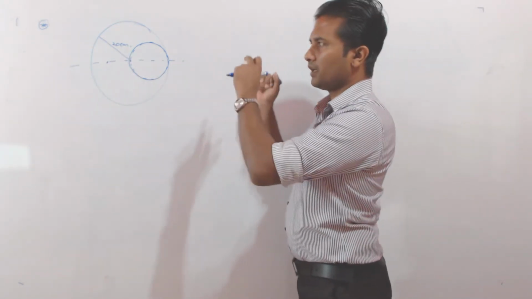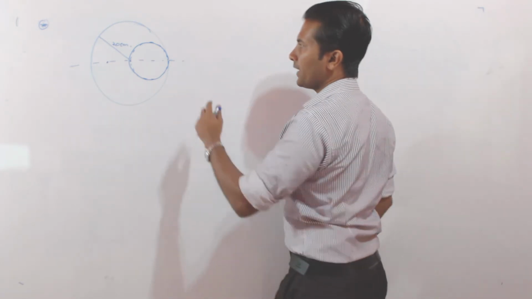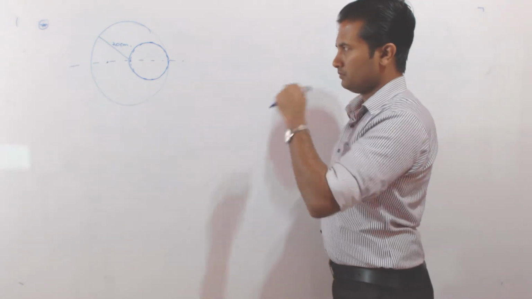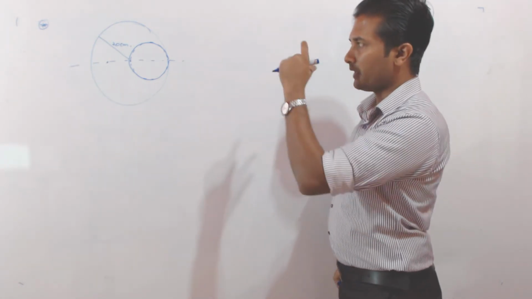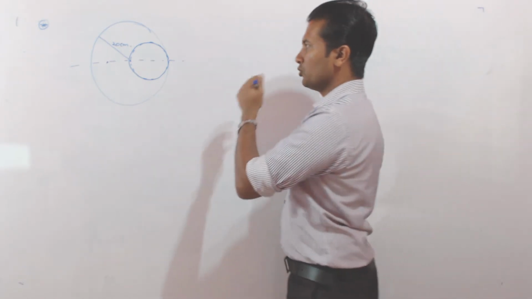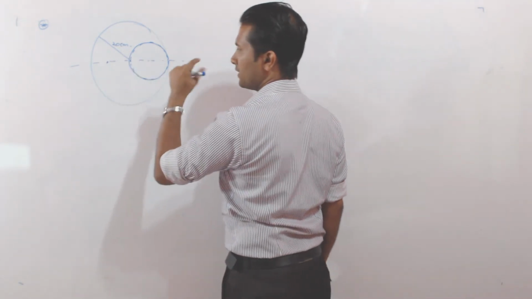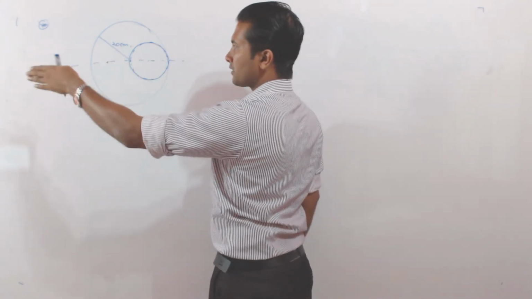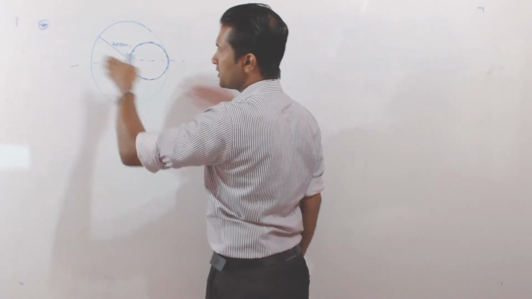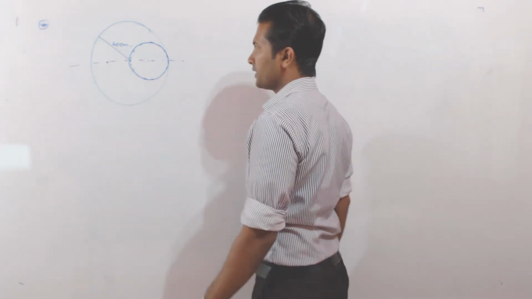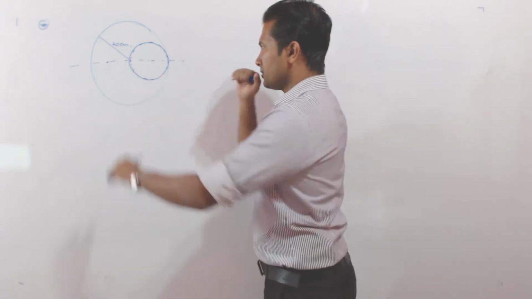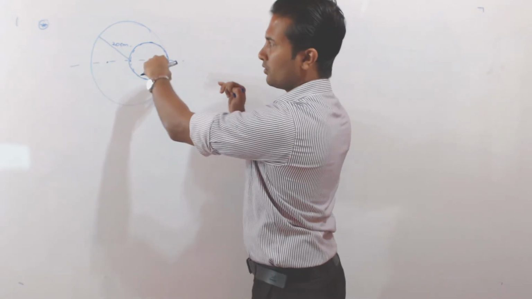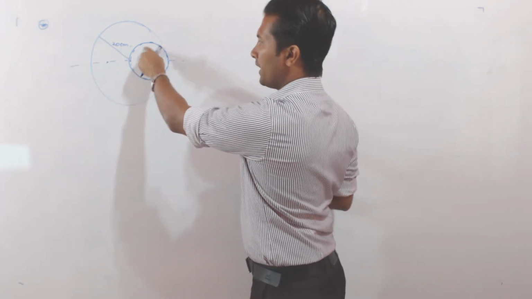You are given a circular plate of radius 20 centimeters, then another circular plate of radius 10 centimeters is removed. As a result of that, the center of gravity of the remainder goes towards the left with respect to the center, because here there is a white place now, which means a light area.